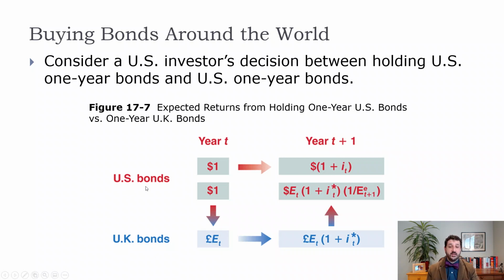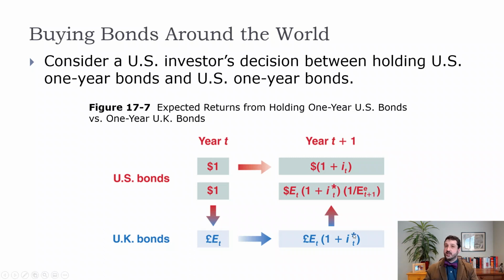Whereas if we take it and invest in a UK bond, well, UK bonds are sold in pounds, right? And so now we have to worry about the exchange rate, not only the current exchange rate, which is E_t, but also the expected future exchange rate, which is E with a little e for expectation, time period t plus 1.